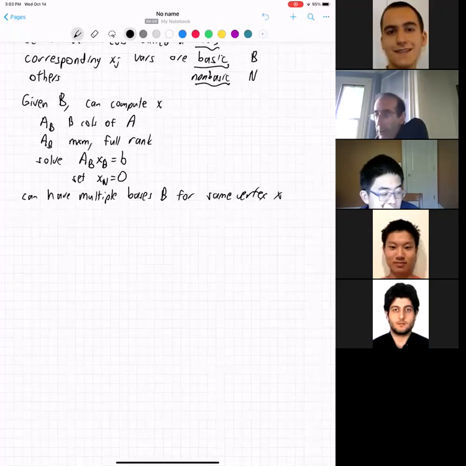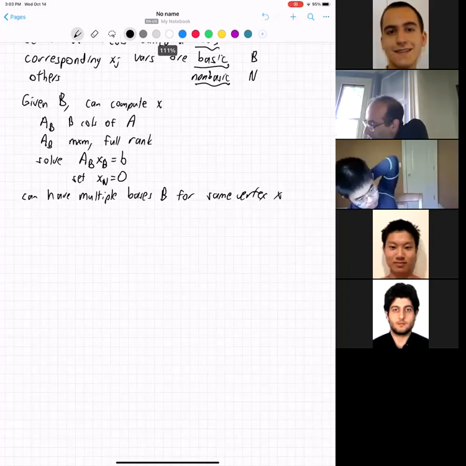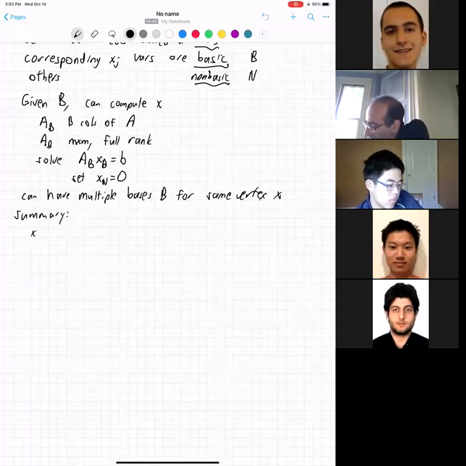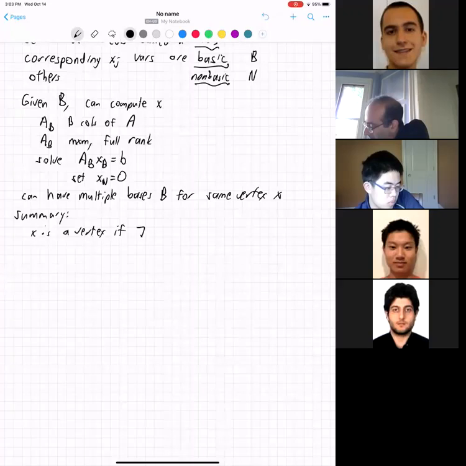So again, continuing on with alternative definitions, I can now summarize this by saying that X is a vertex if there exists a basis B such that the non-basic variables are all 0.